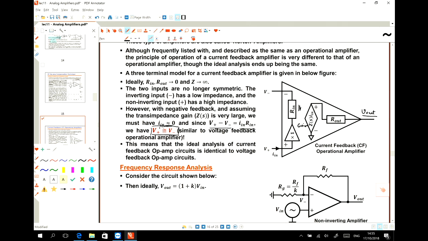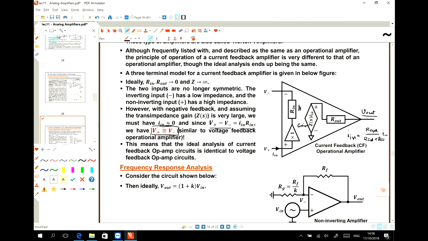And why can we assume that I in is almost equal to 0? Because this Z_S is very high and this V out is limited. So I in, which is equal to V out, R out divided by R out plus Z_S, I in.